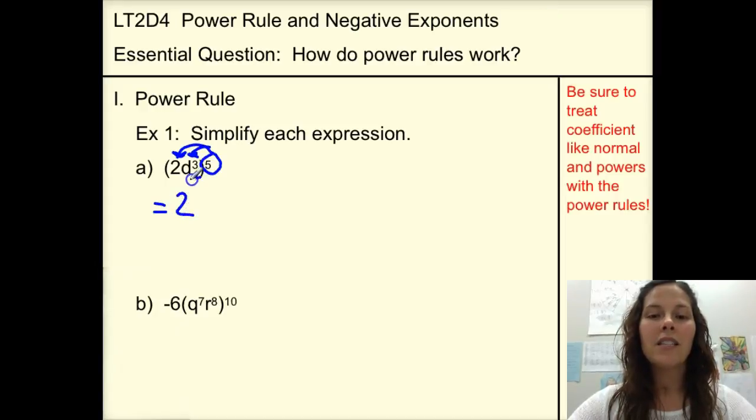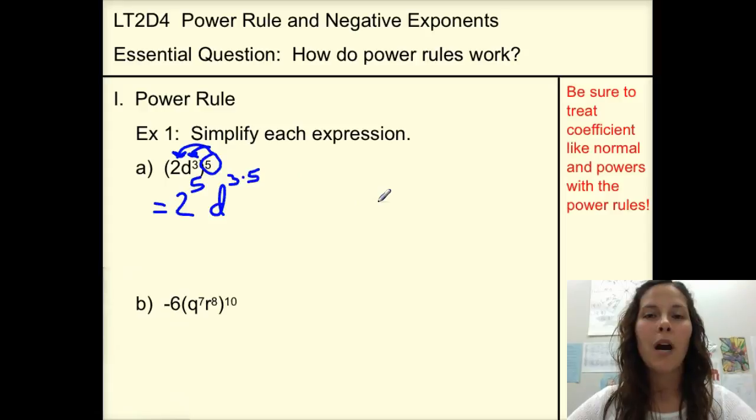So I'm going to write this out the long way, and then we have d to the 3 times 5 power. So this is our power of a power rule. Remember, we just saw we could write d cubed times itself 5 times, and we'd end up with 15 d's being multiplied together.